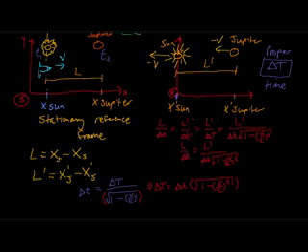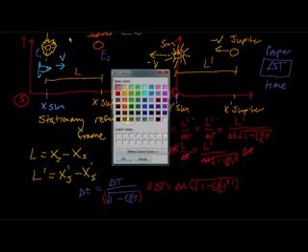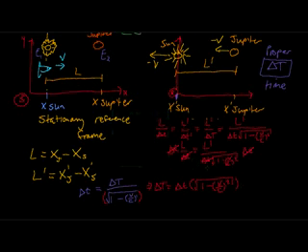Now we can multiply both sides by delta T. Then the delta T here and delta T here cancel, and these two cancel. And we're simply left with this formula here, that our L value, the length we record in this reference frame, is equal to the length we record in this reference frame divided by this value, which is dependent on the velocity you're traveling.